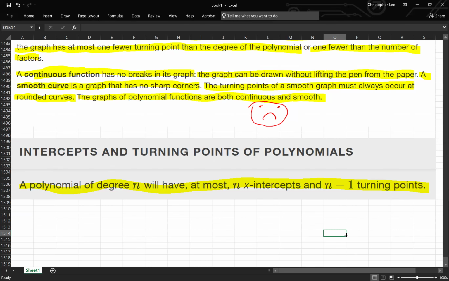Doesn't mean it will have 9, it has at most 9. And if you were graphing it, it would have at most 8 turns inside of the graph. And how do we get the turns? Calculus 1.